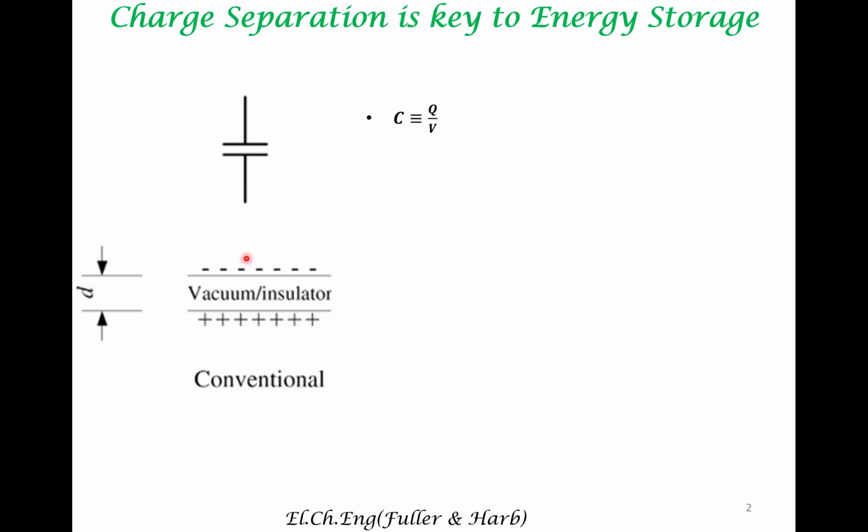To realize this energy storage mechanism, you have to have done electrical work and separated the charges. So Q is directly proportional to the voltage difference, and the capacitance in this case is a constant. It doesn't depend upon the voltage difference.